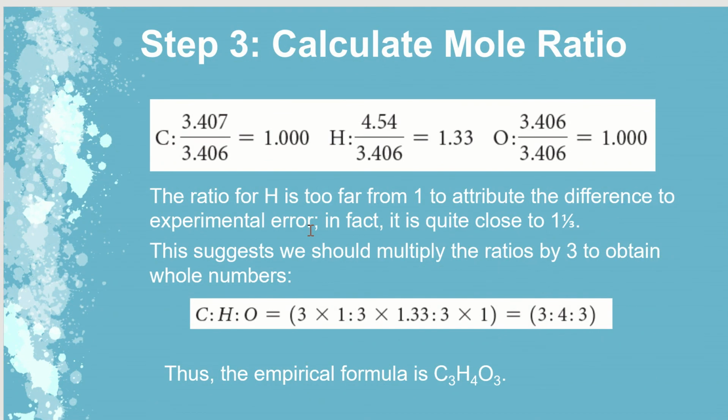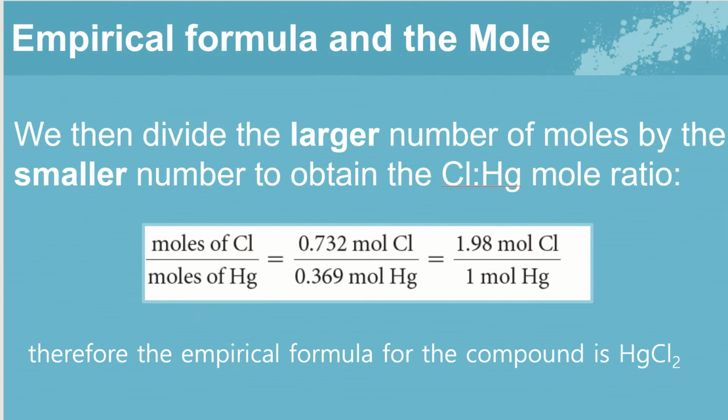So what happened is that, recall when we had 1 to 1.98, we basically rounded up to 2, right? We're saying that there may have been some experimental error, and so we're going to round 1.98 up to 2.